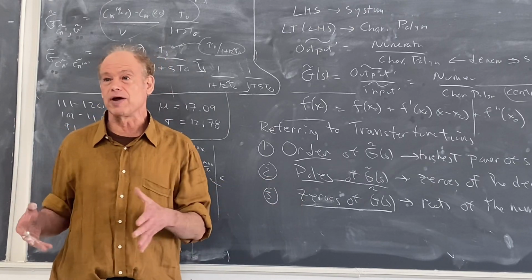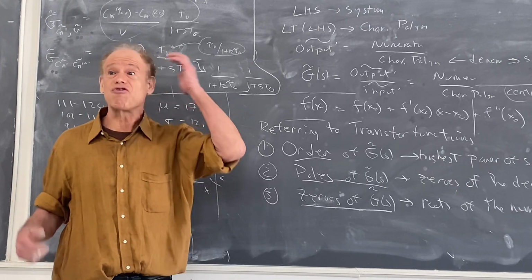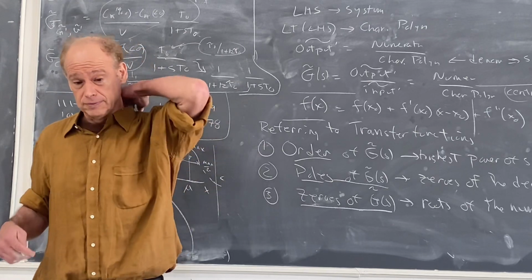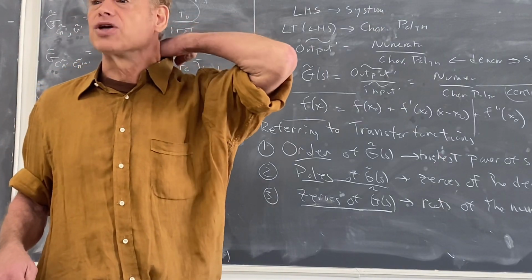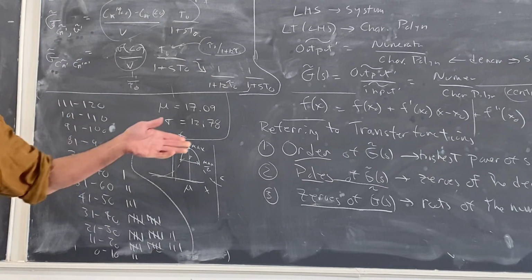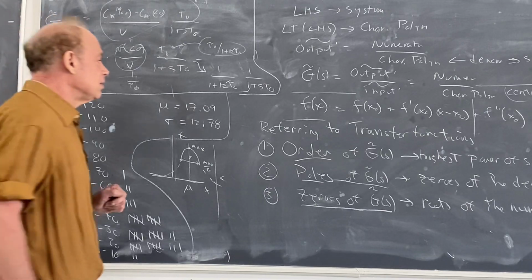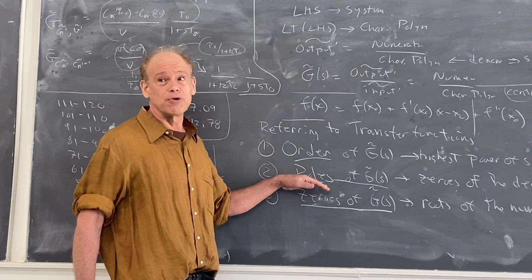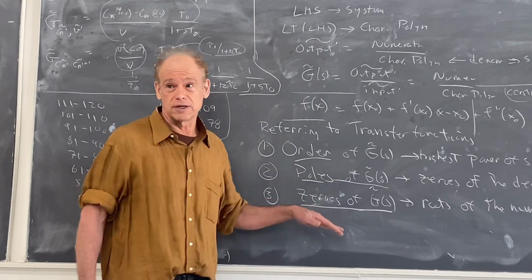When I'm referring to the numerator of G tilde, I say zeros of G tilde. I need a different word for what's going on in the numerator from what's going on in the denominator. In either case, if you factor it and one of the terms is 0, that's your root. Yeah, that's right. It's just terminology for the numerator and for the denominator. It's the same idea, but the poles of G are much more important for stability than the zeros of G, as we'll see right now.